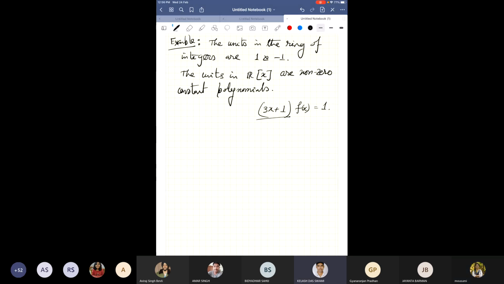One upon 3x plus 1, where x is not equal to minus 1 by 3. But is that a polynomial? No, ma'am. Okay.